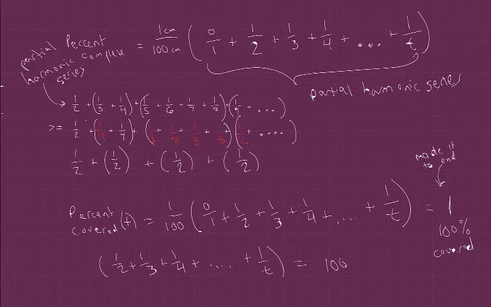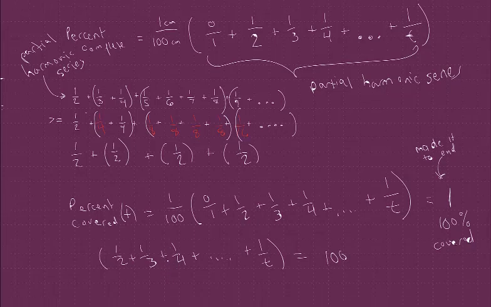We just multiplied by this 100 on the other side. Well, since this series we've proven can get infinitely large, we know there must exist some t where we get to 100.